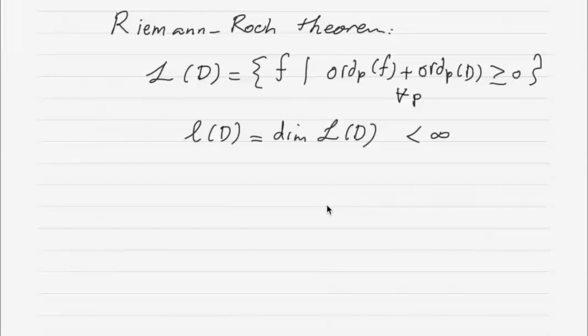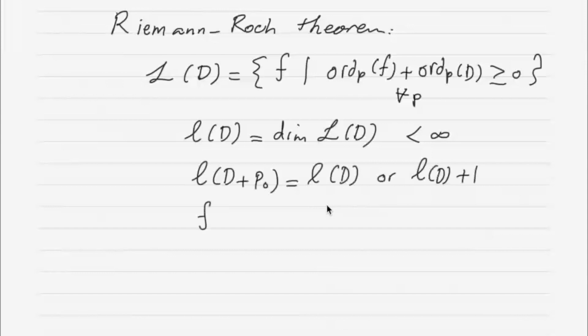So what we saw was that L of D plus a point is either L of D or L of D plus 1, depending on whether you can find an element f inside L(D + P0) minus L(D). If such an element exists, then the dimension increases by 1. If no such element exists, then the dimension remains the same.